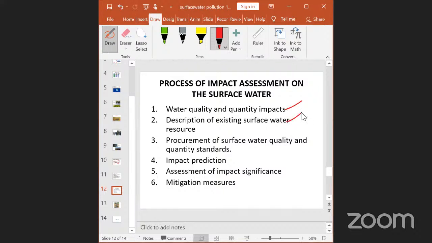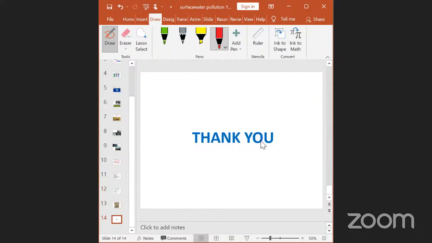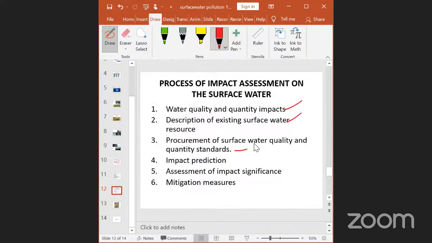And the second one is preparation of a description of existing surface water resource conditions. The third one is procurement of surface water quality and quantity standards. The next one is impact prediction of the surface water.